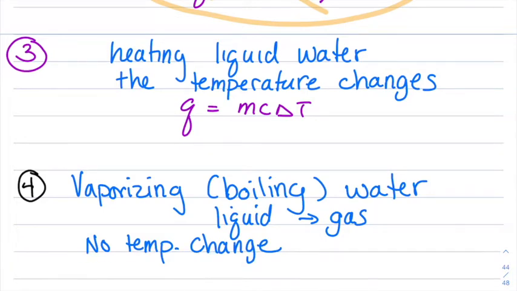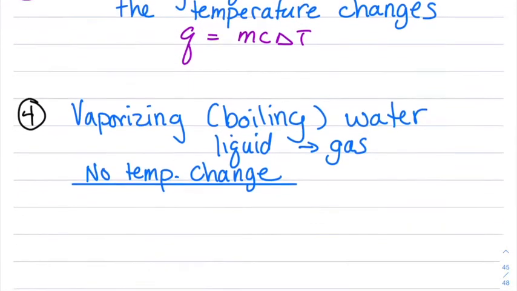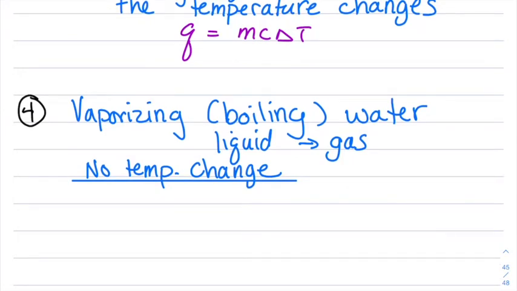All right, so no change in temperature. Because there's no change in temperature, we're going to use enthalpy again. This time, we're going to use delta H vap, also known as delta H of vaporization.